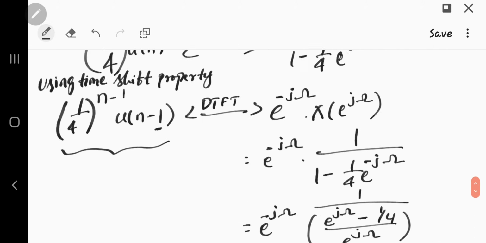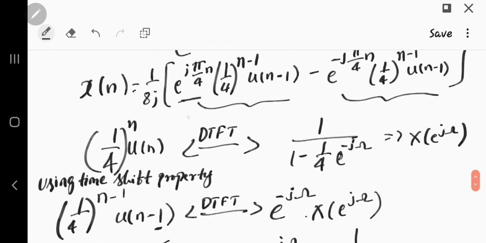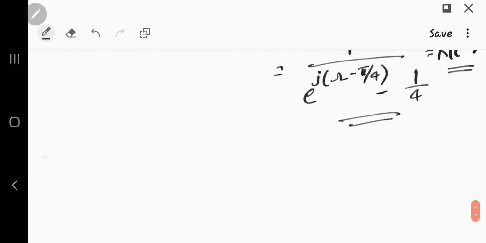Why? Because I have to apply one more property. So this part of the signal is dealt with. Now 1/8j is there. If you multiply that, this is just a simple scaling factor, so you can use the linearity property.